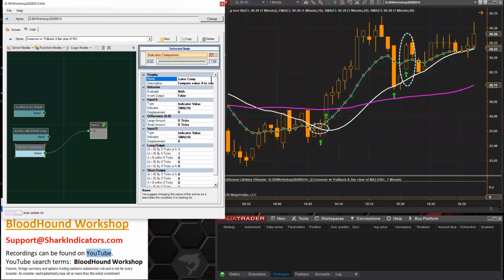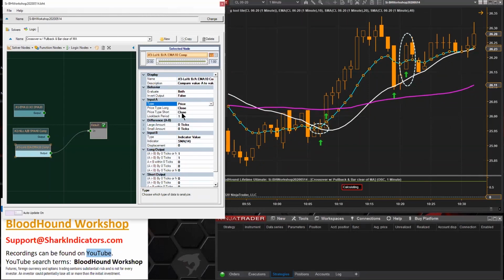And let's name this solver first. This is going to be number 3. This time it's going to be the low for a long and the high for a short, and we want the low below or the high above the EMA 10. So input A, again, is going to be price, bar prices.